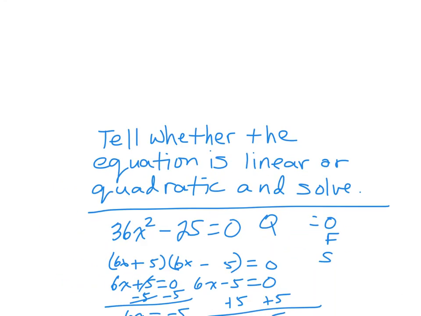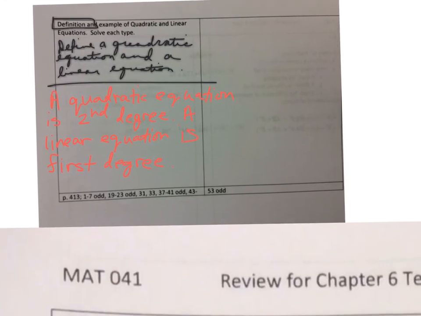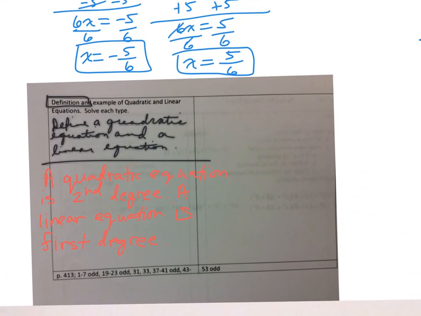Let me find what I wrote there. Definition and example of quadratic and linear equations, solve each type. I guess I just contradicted myself because it doesn't appear that I'm going to ask you for an example. Does that answer your question? Okay.